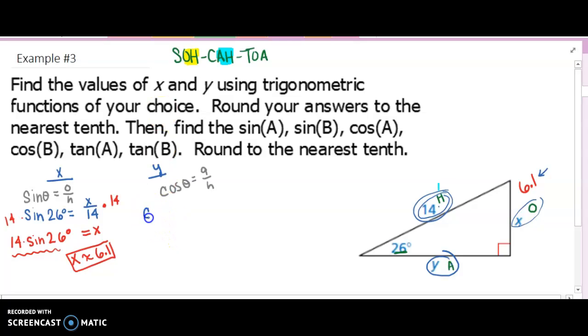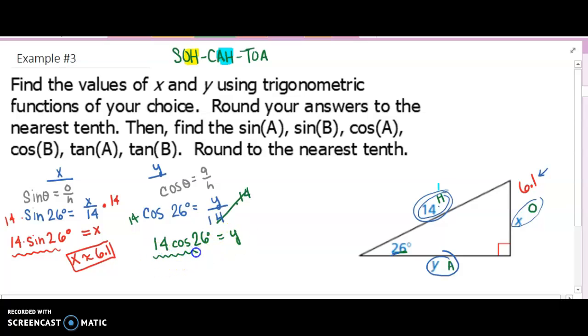Now let's plug stuff in. So cosine, I know my angle measure is 26, equals my adjacent, which is y, over my hypotenuse, which is 14. Now to solve, I'm going to multiply by the denominator. Those go away. I'm left with 14 cosine of 26 degrees equals y.